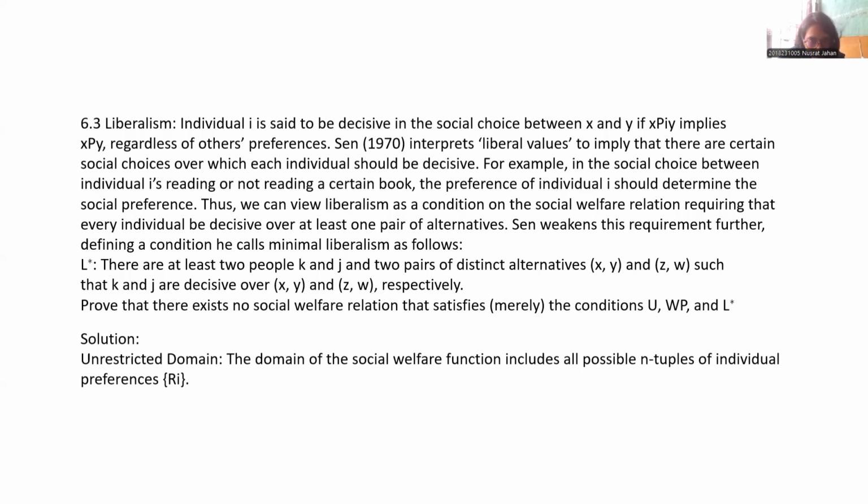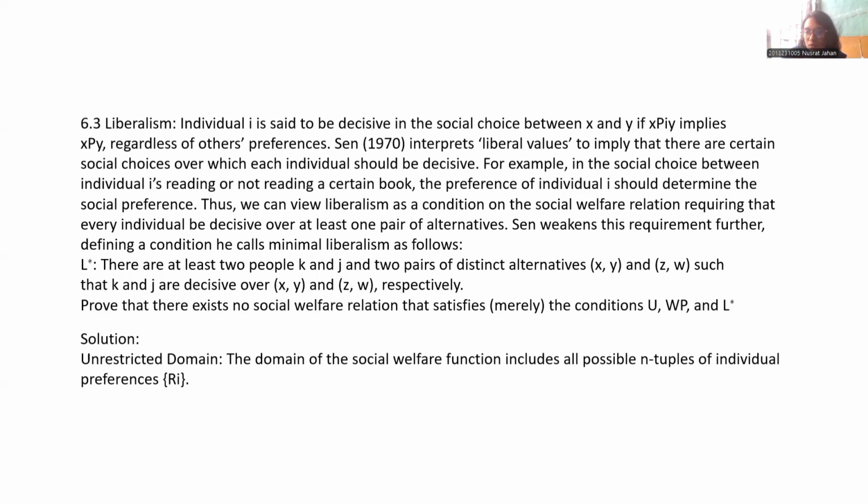So here, minimal liberalism is denoted by L star, which says there are at least two people, K and J, and two pairs of distinct alternatives X, Y and Z, W, such that K and J are decisive over X, Y and Z, W respectively.